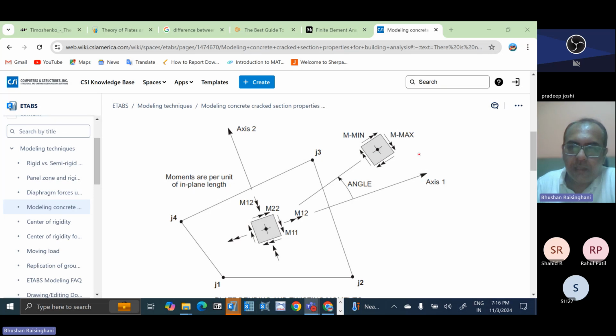So this is the moment M I have marked on axis 1 and axis 2. You tell me where is moment X and where is moment Y for this particular slab. If I take axis 1 as X and axis 2 as Y, where is moment X and where is moment Y?